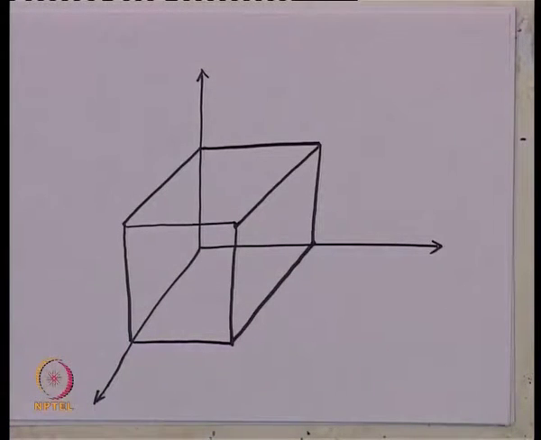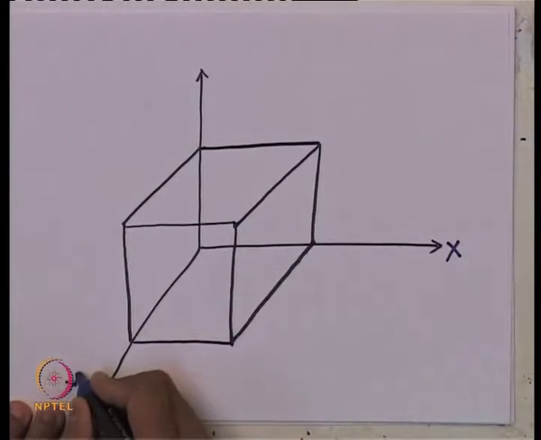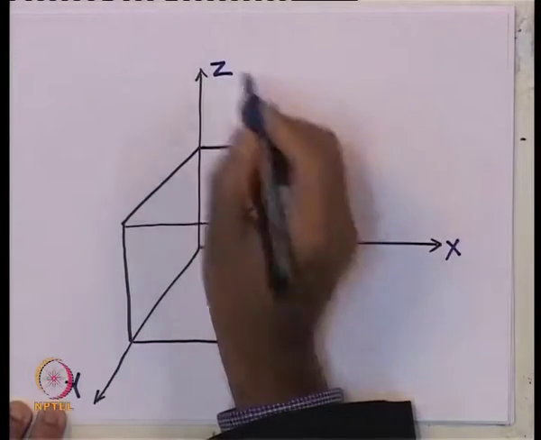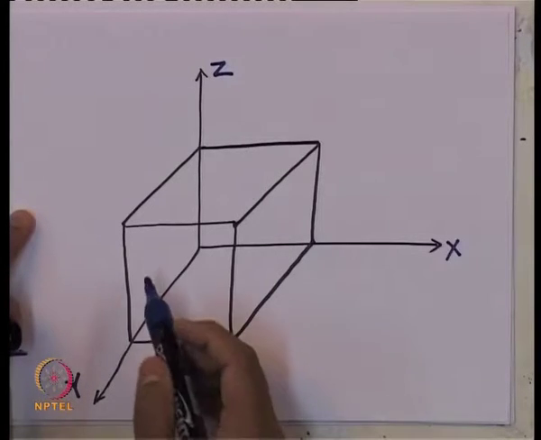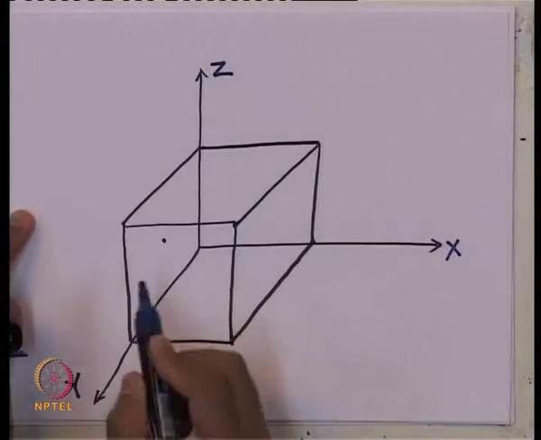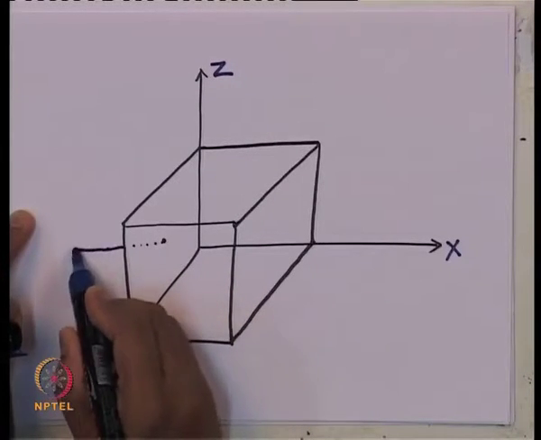Okay, so this is the 3D element which we are considering. Say this is our x axis, this is our y axis, this is the z axis, and stresses, as I said, on the left side.